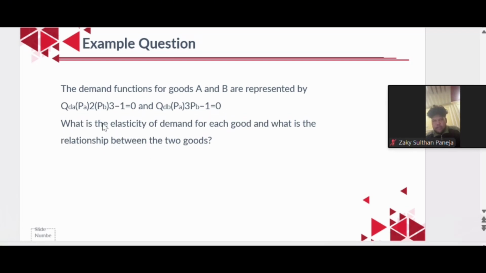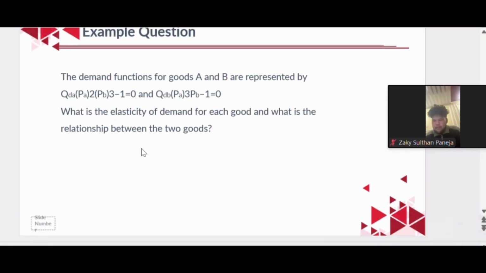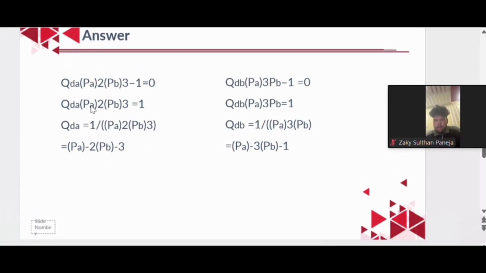What is the elasticity of demand for each good, and what is the relationship between the two goods? Okay, let's see the answer. Here are the quantity demanded of A and of B as the final answers.